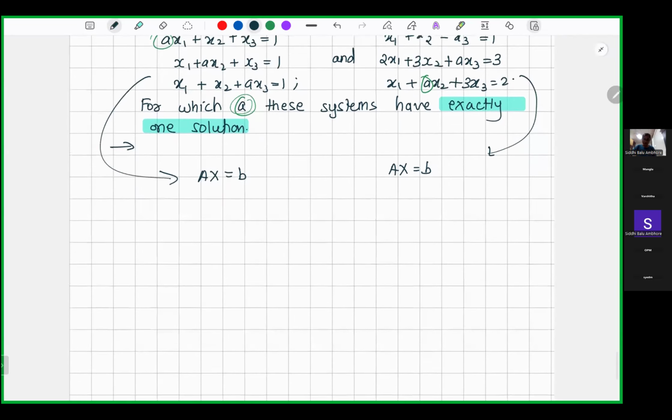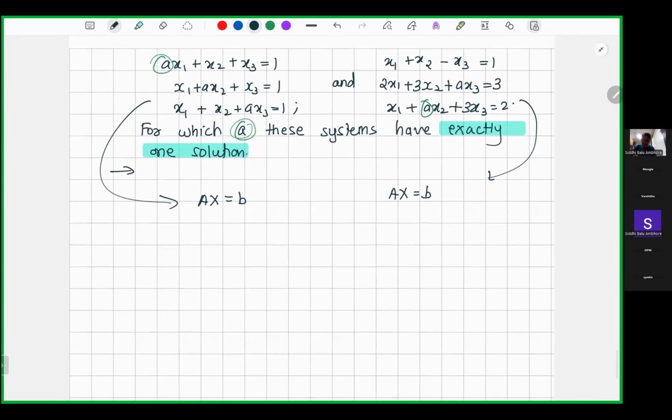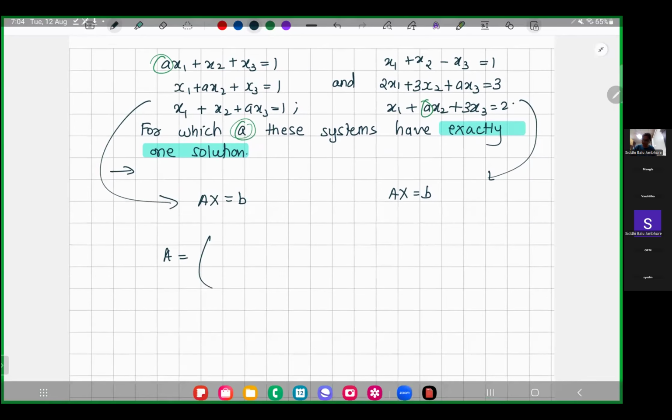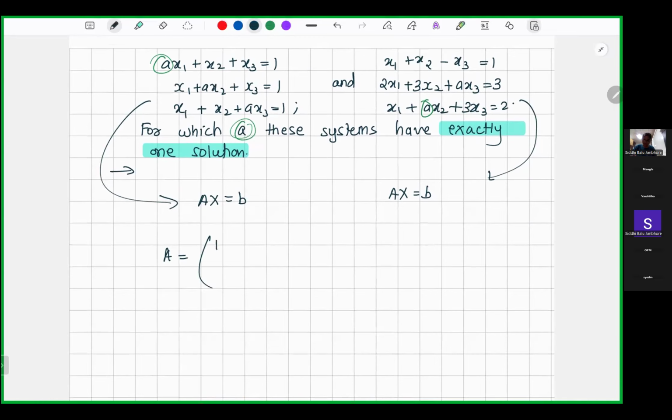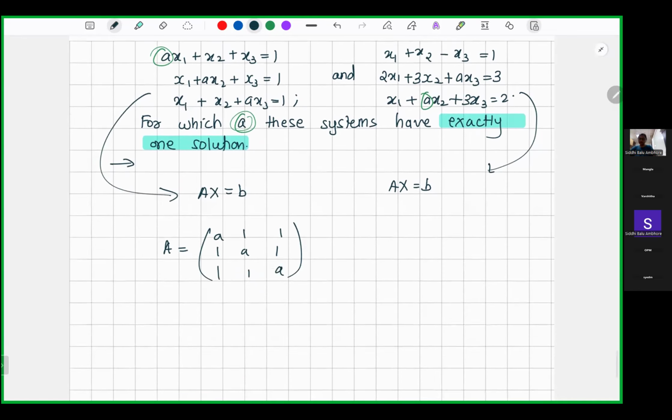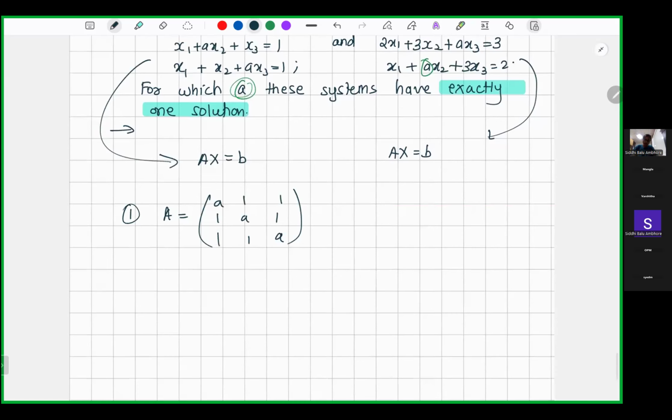So for the first one, let us write the matrix. So A here is A, 1, 1, and here it is 1, 1, and A. And yeah, so let us solve for this one first.